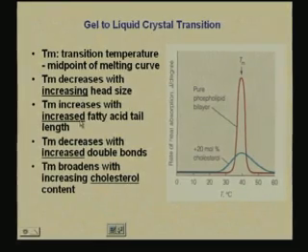If we have long fatty acid chains, then it is going to be harder to disrupt the fatty acid chain packing, we will have a higher Tm. If we have increased double bonds, we have increased number of kinks, increased disruption, Tm is going to decrease.